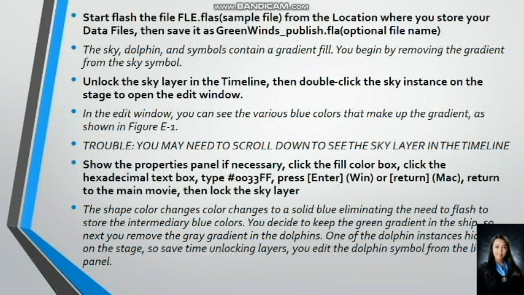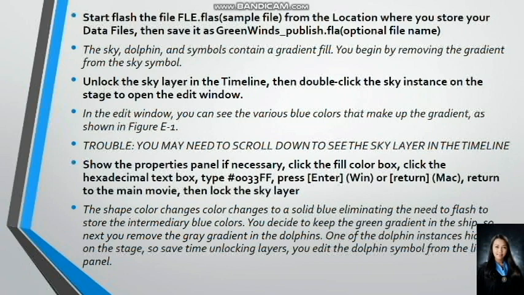The shape color changes. Again, the shape color changes. So if you already have your shape color and you want to change it to a solid blue, this eliminates the need for Flash to store the intermediary blue colors.